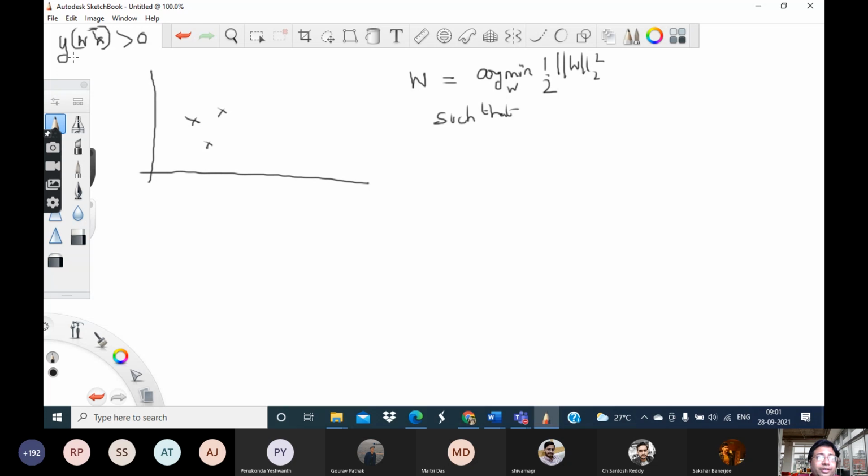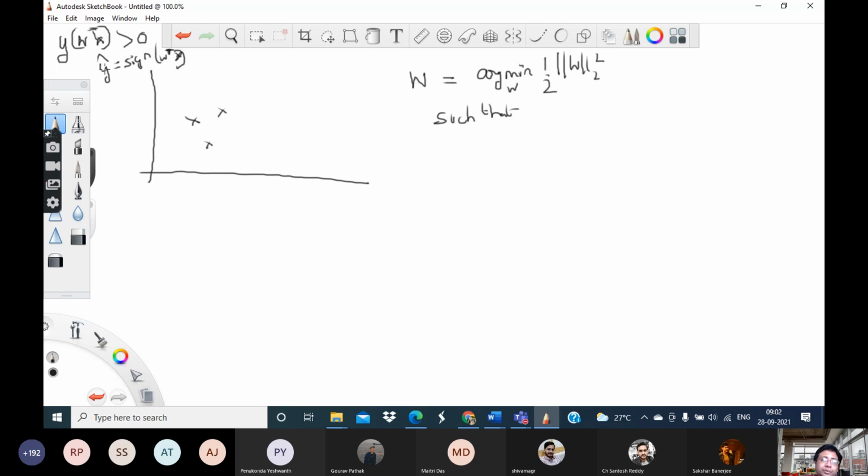But if this is negative, that means one of them is positive and the other is negative. Whichever one does not matter, but it means that y and W transpose X do not have the same sign. But what is my predicted label y? That is nothing but the sign of W transpose X. So if W transpose X and y have different signs, let us say W transpose X is positive, in that case y hat is going to be +1, but y is -1.